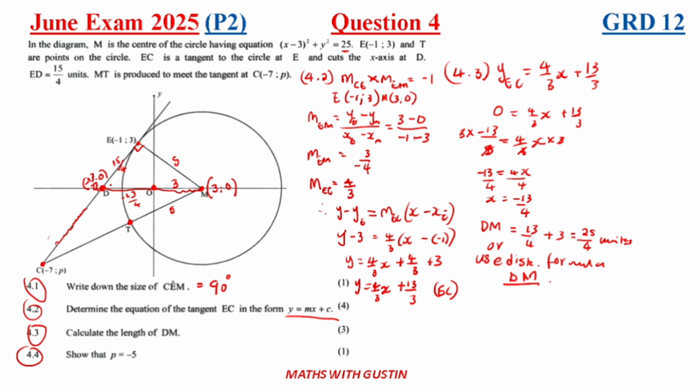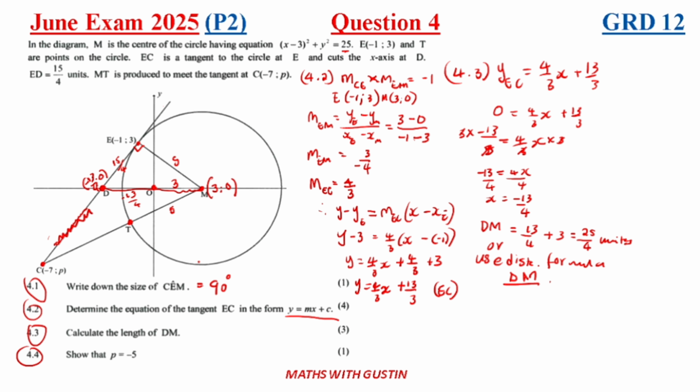So where is P lying? P is here on this line. All right, so let's see how we are going to do this one. P is also on this line of the tangent as well.